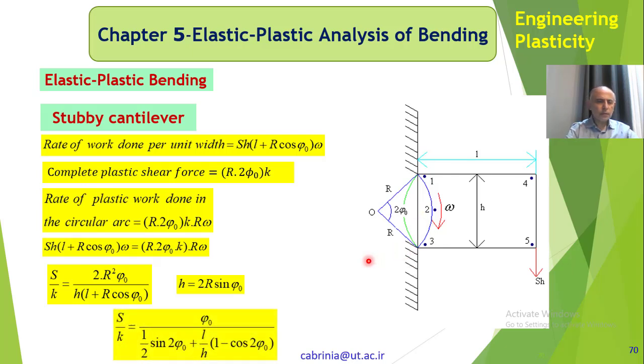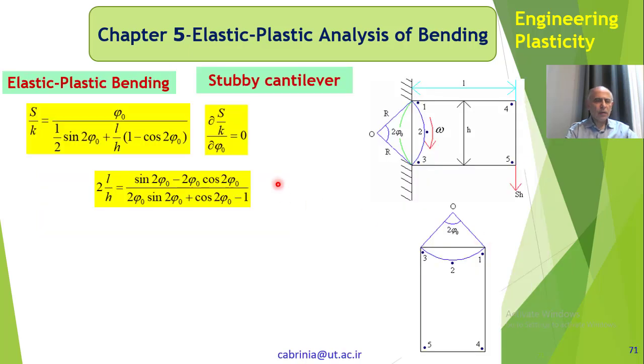So substituting for H in here, we get S over K is equal to this, okay, phi naught divided by half sine 2 phi naught plus L over H times 1 minus cos 2 phi naught. Okay, so that's how we obtain the collapse load for this stubby cantilever.